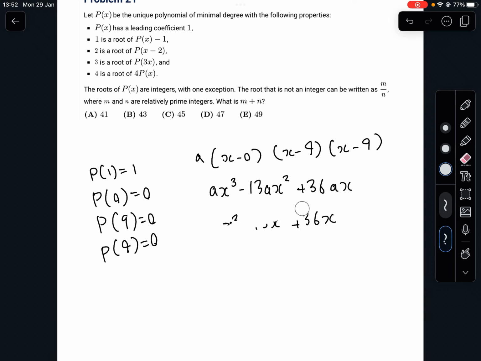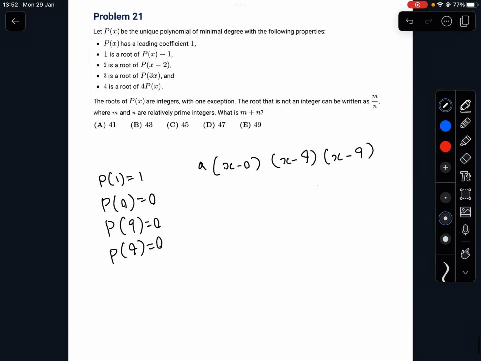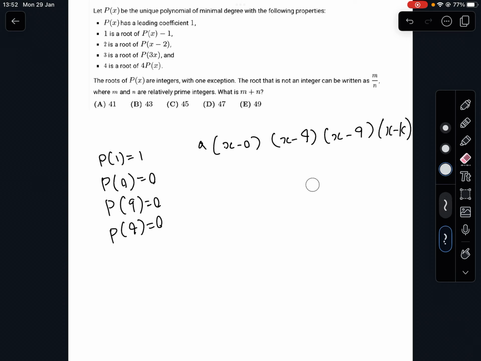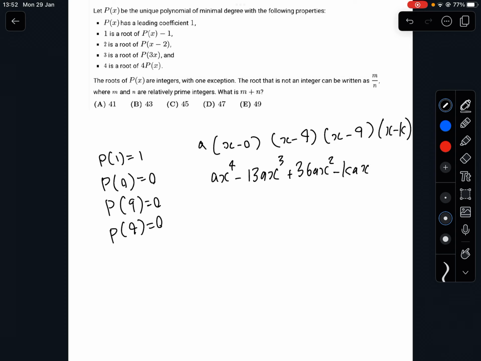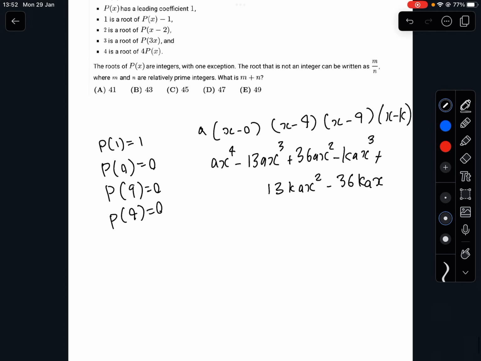Okay, so how do we get a higher degree polynomial? We multiply what we had already by another factor, x minus k, for any k. Let's expand this now. We get ax to the fourth power minus 13ax cubed plus 36ax squared minus kax cubed plus 13kax squared minus 36kax.